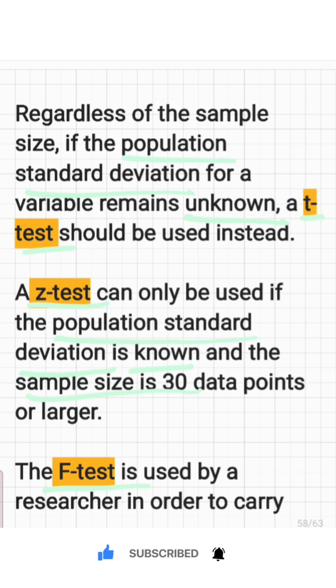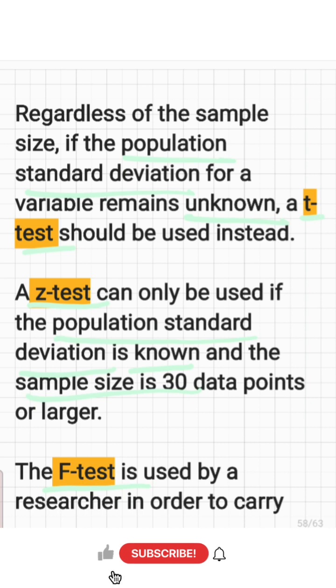If the population standard deviation is not known, then we should definitely use the t-test. And the z-test we use only when the sample size is greater than 30 and the population standard deviation is known.